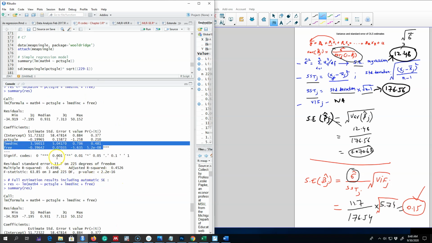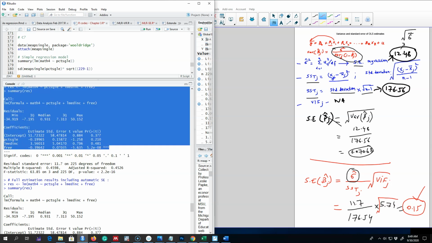So now the question is, since these variables are increasing the variance of our variable of interest, should we exclude either of these two variables from the model? The answer is no. Although the correlation between these variables is high, the sample correlation between median income and this variable free is about 0.74. And this is expected because as the median income increases, the eligibility to enroll in a free lunch program decreases.